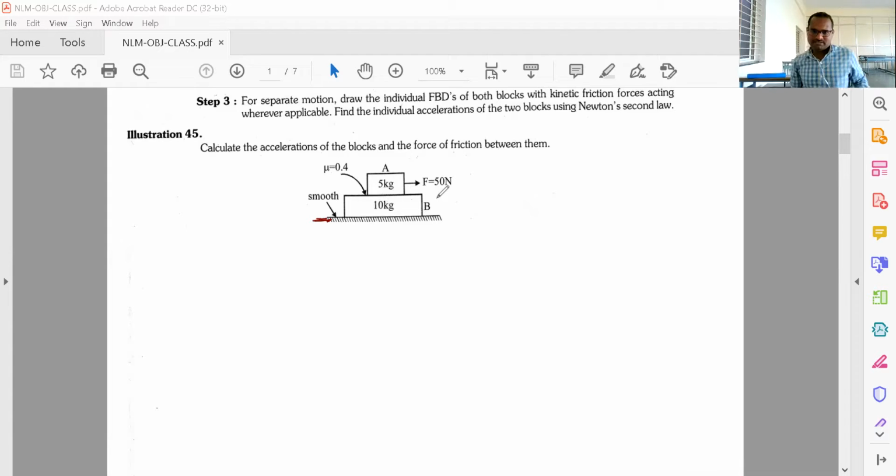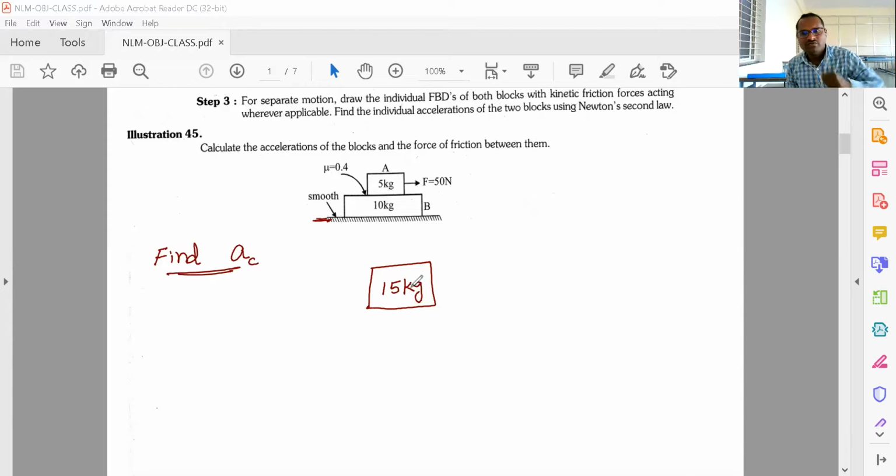Now, with what acceleration they will move? First, find the common acceleration. For this, what we need to do? Draw the FBD of the two blocks together. Total mass of the two blocks: 10 kg and 5 kg is 15 kg. On this 15 kg, 50 newton force is acting, correct? So what will be the acceleration?